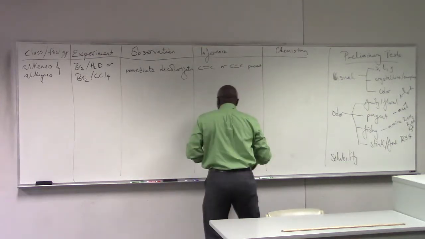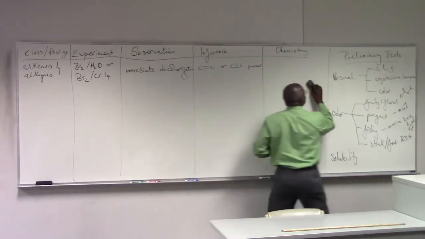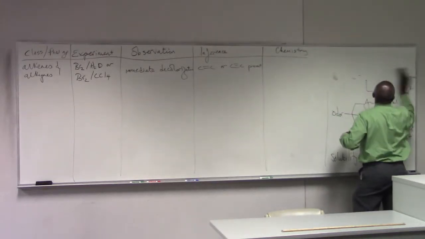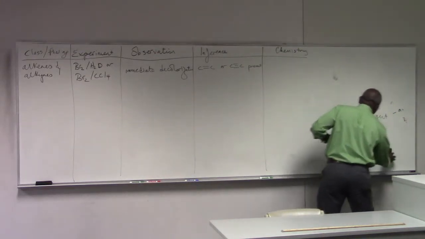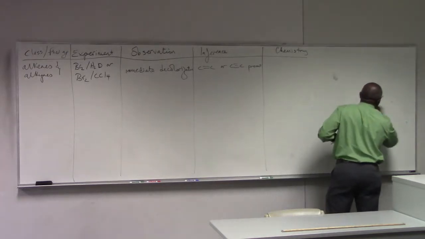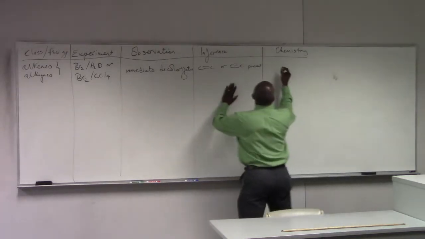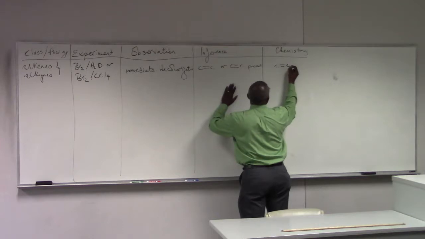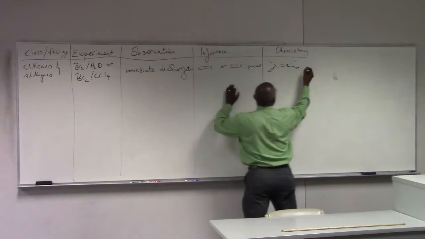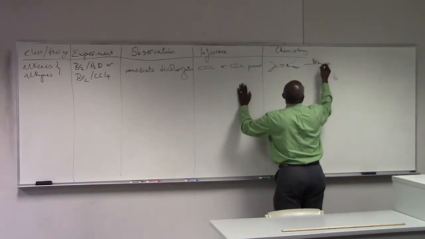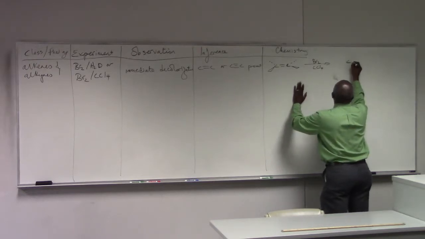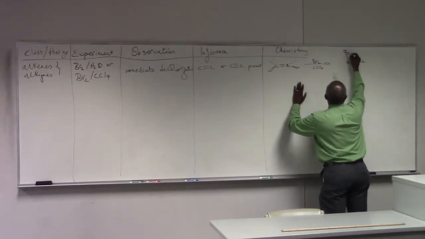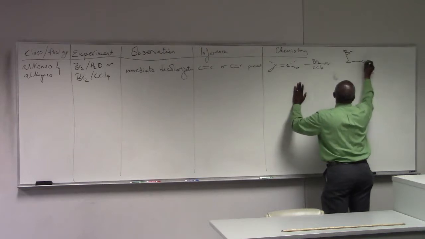What's happening in terms of the chemistry is that we are adding the halogen across the double bond. So in a nutshell, when I add Br2 in carbon tet to the alkene, I get an anti-addition of bromine across the double bond.